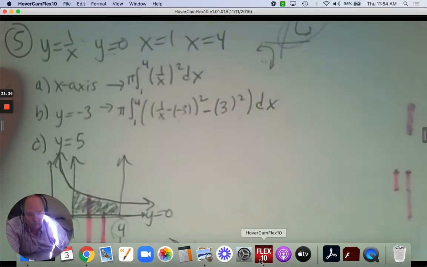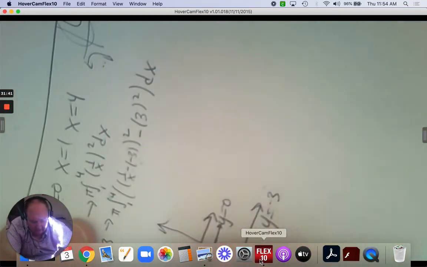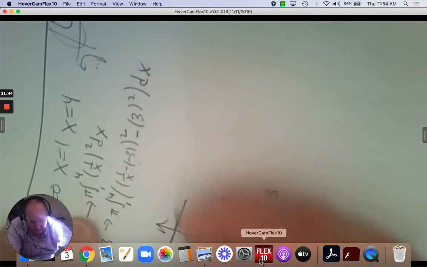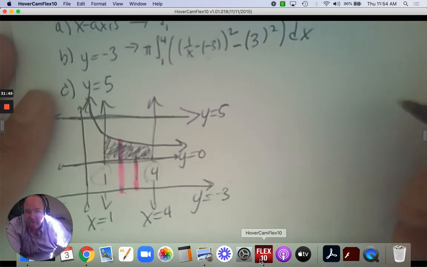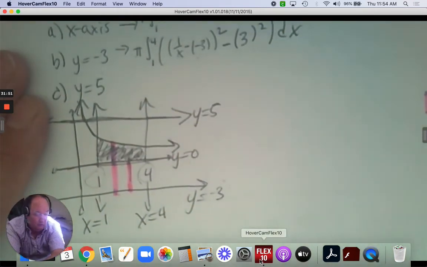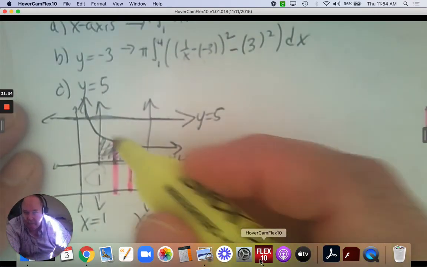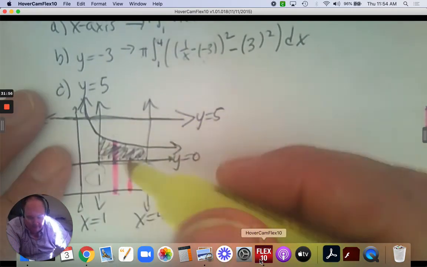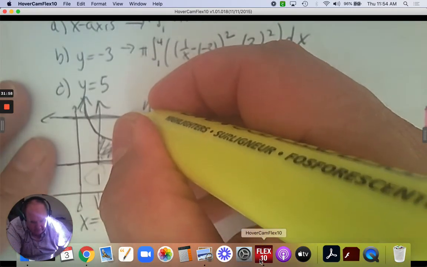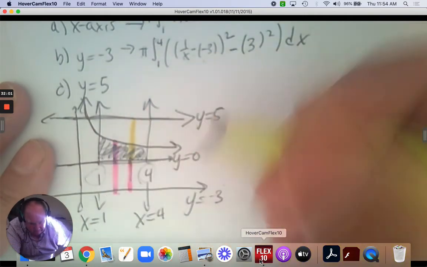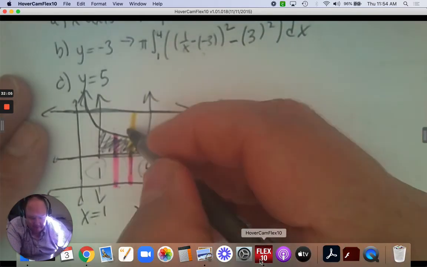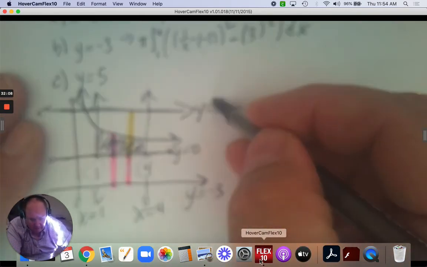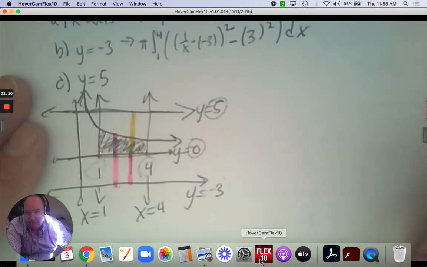All right, one more, and it's the setup for 5. Now, this doesn't need to be to scale. It just gives you a visual to know top subtract bottom. So I'm going to take y equals 5 here. It's above. I'm just creating a visual. I'm going to change colors. Again, there's a space between the area and the line you're revolving around. So the first one, the big radius, goes through the area to the bottom of it. And again, you're going to go top subtract bottom. Now, since it goes to the bottom, when you go top subtract bottom, that number is just 5.